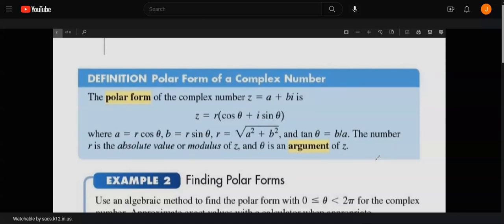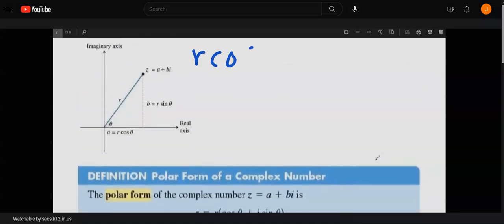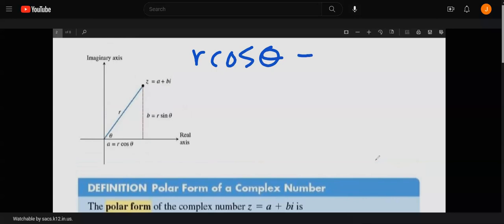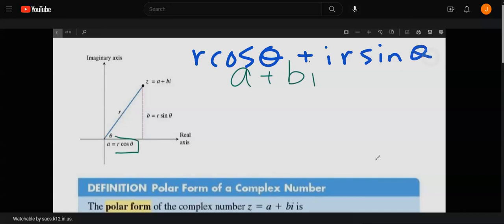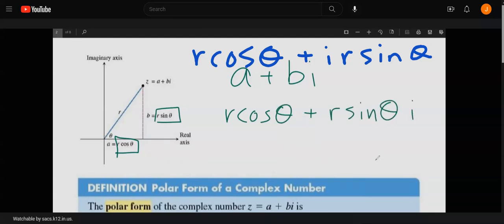But you can see, if I took r cosine theta plus i times r sine theta, and I pull the r out, I think I'm doing the exact same thing. If I pull the r out, that's where I'm going to get the r on the outside, and then cosine theta plus i sine theta.